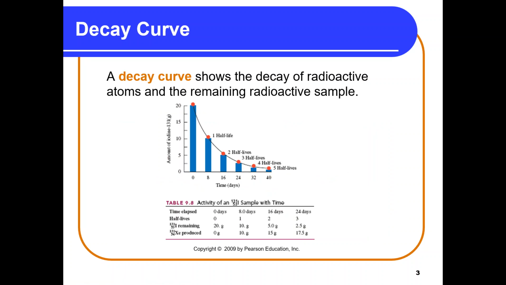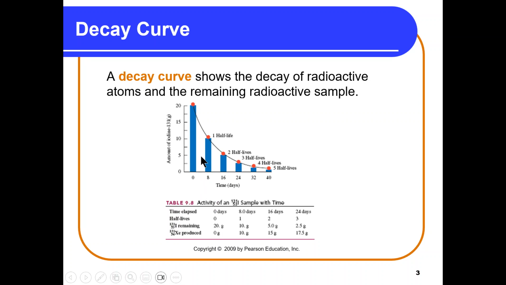All right. Now, what you'll find is that different substances have different half-lives. But before we get to that, here is a plot of the amount of the radioactive material that we saw in the previous slide, which is iodine 131, versus time. And you see basically what happens as time progresses. So in the case of iodine 131, the half-life seems to be 8 days.